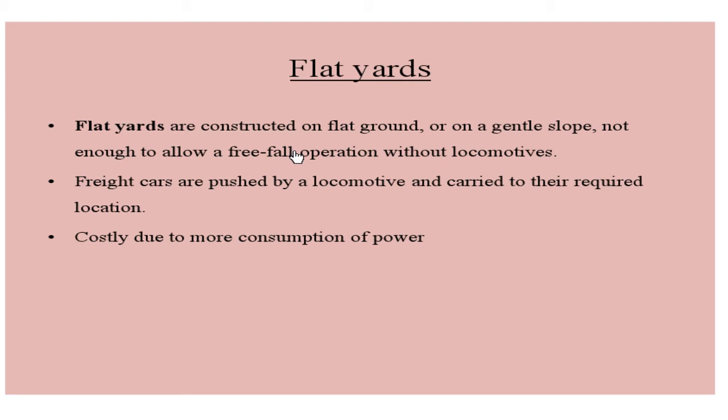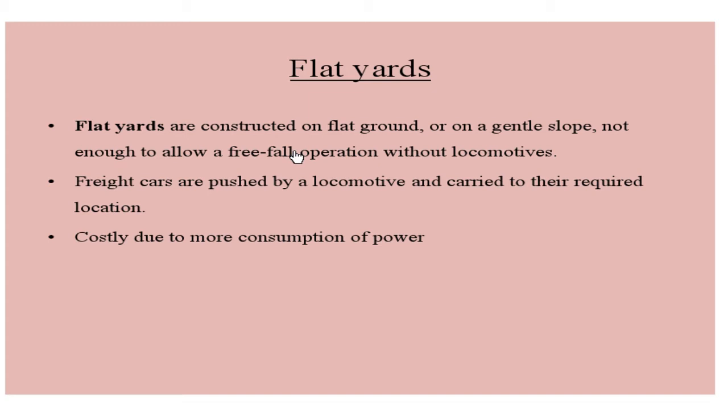So if it is located on a gentle slope, for making the coaches go to different tracks, then we need a power operation over there. They are being pushed by the locomotive and carried to the required location. Now since we are using engine power here, this is comparatively costly.